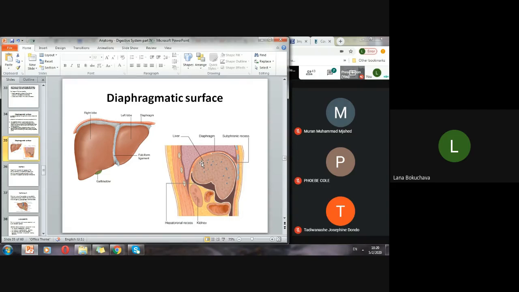Because what you see particularly here is the coverage of approximately the whole surface of the liver by the diaphragmatic folds and by the peritoneal folds, and as a result you can see here the formation of the subphrenic recess as well as the hepatorenal recess.